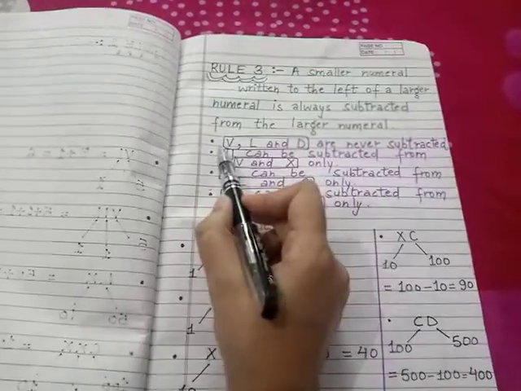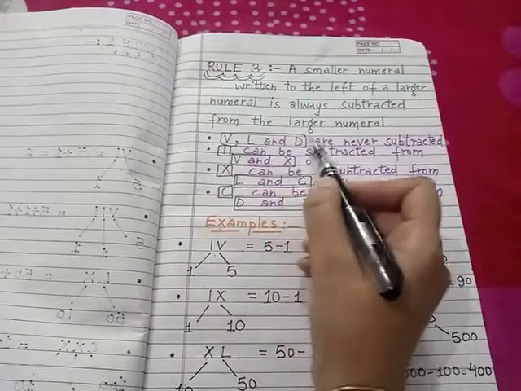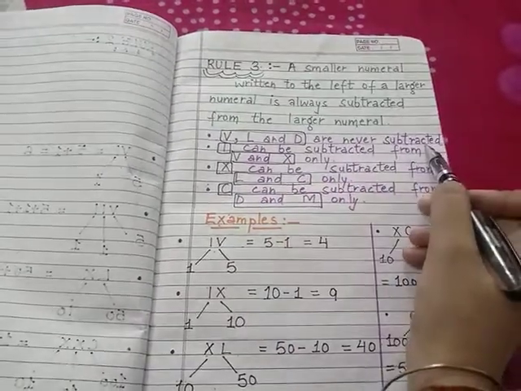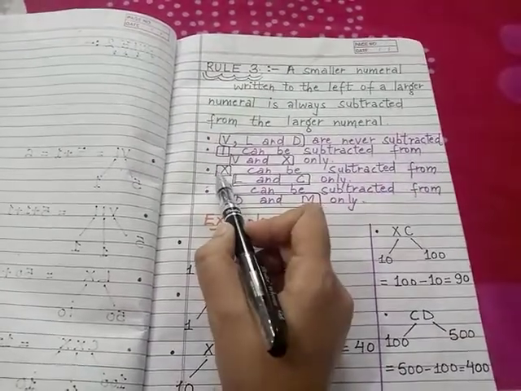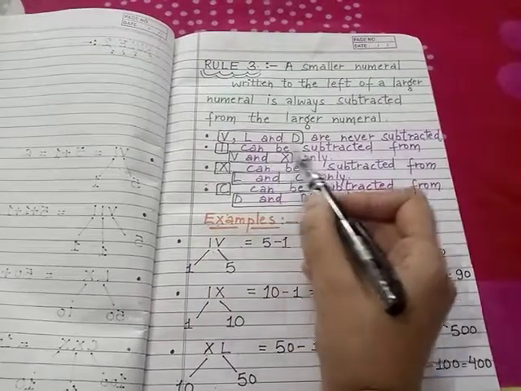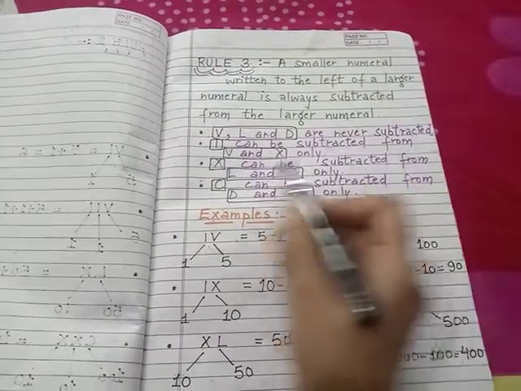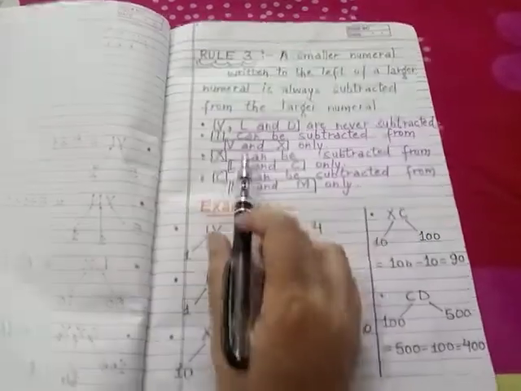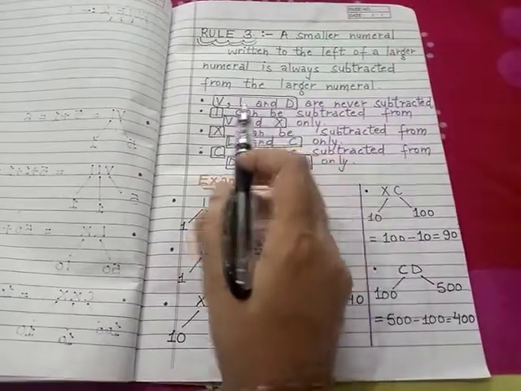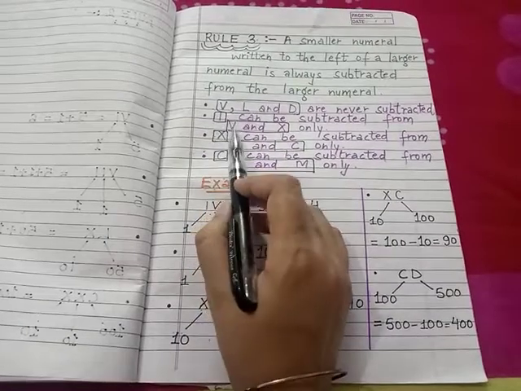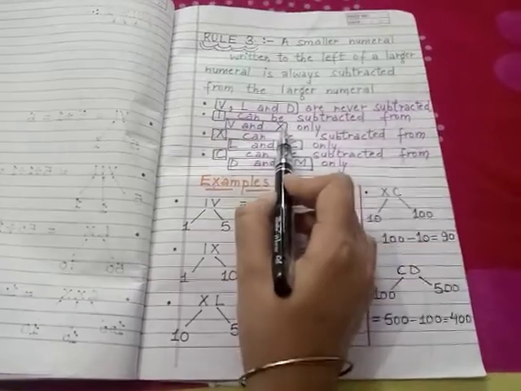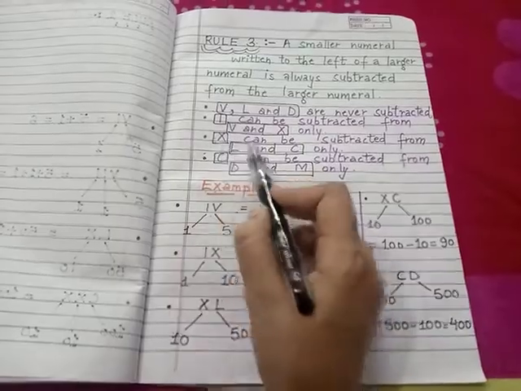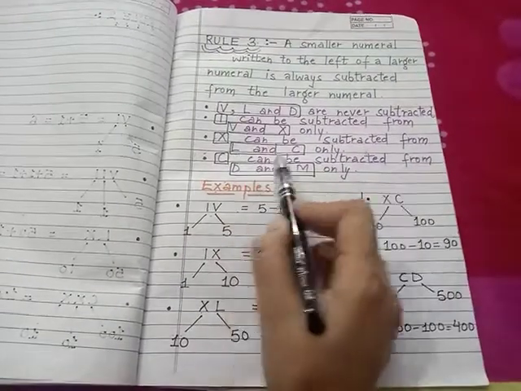Point number 1: V, L and D are never subtracted. Second point: I can be subtracted from V and X only. It means that we can write only I on the left side of V and X. Now point number 3: X can be subtracted from L and C only.